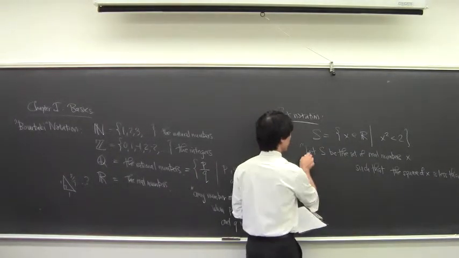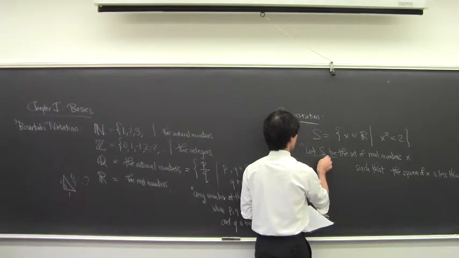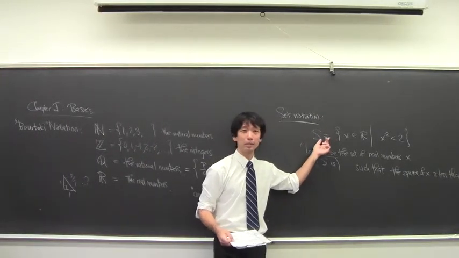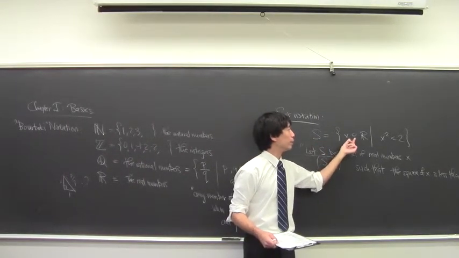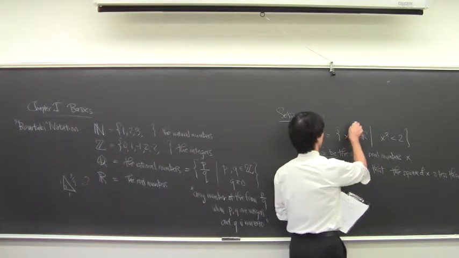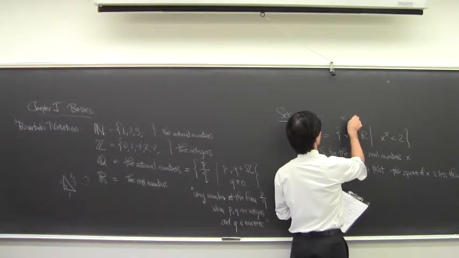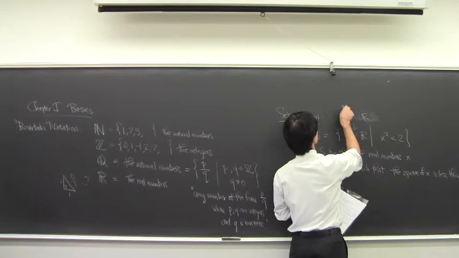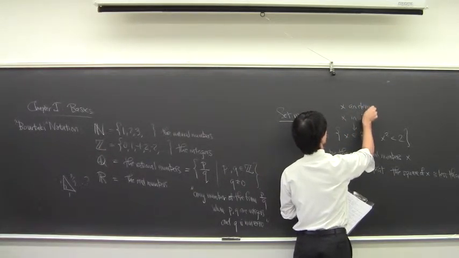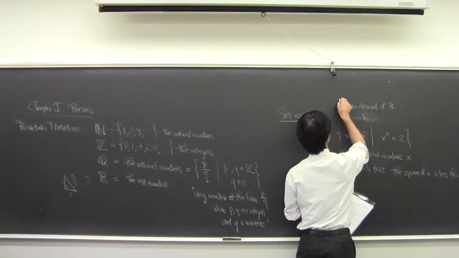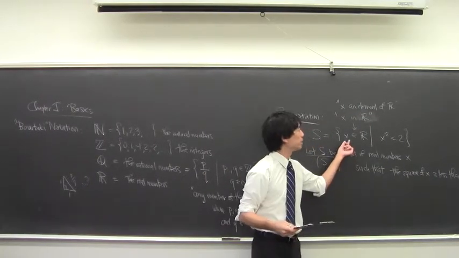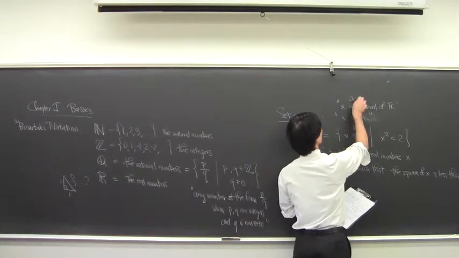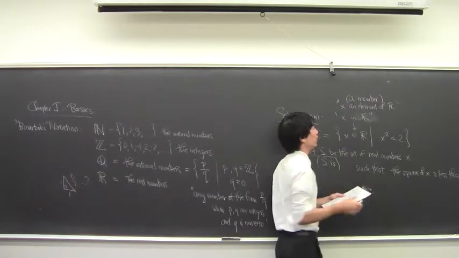Or you could say S is the set of real numbers, x in the reals, x in R, x an element of R is how you read this first part. x is an element of the real numbers, x is a member of the real numbers.